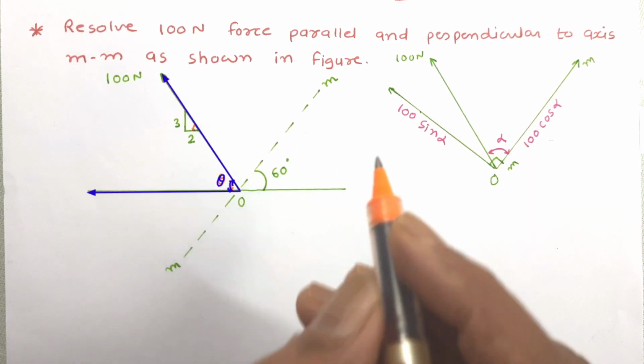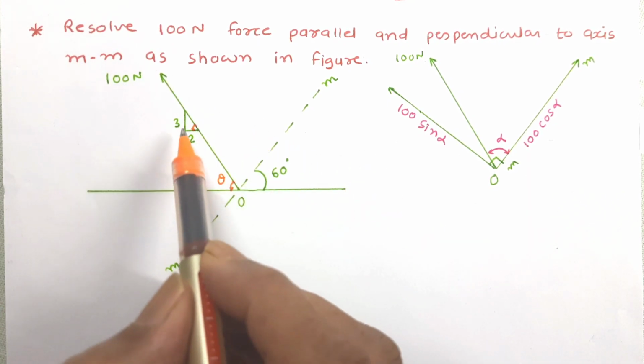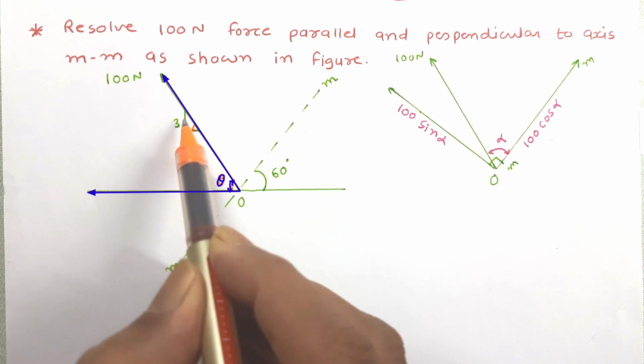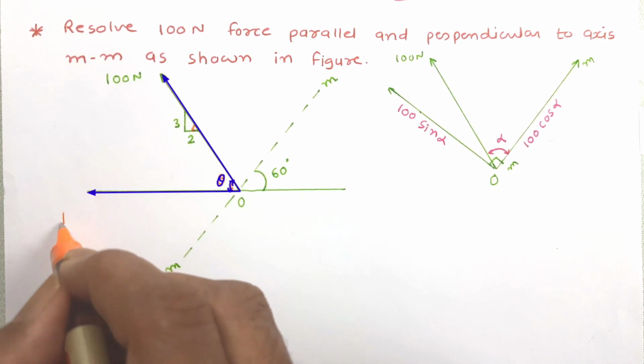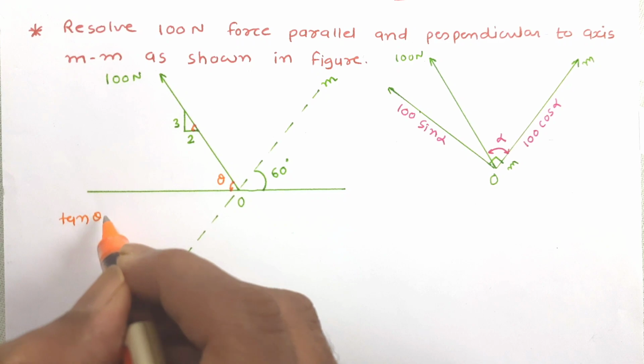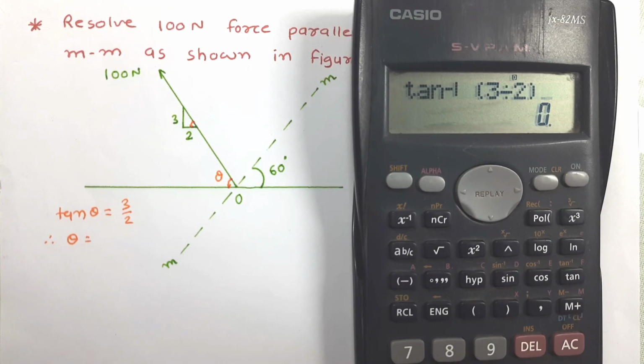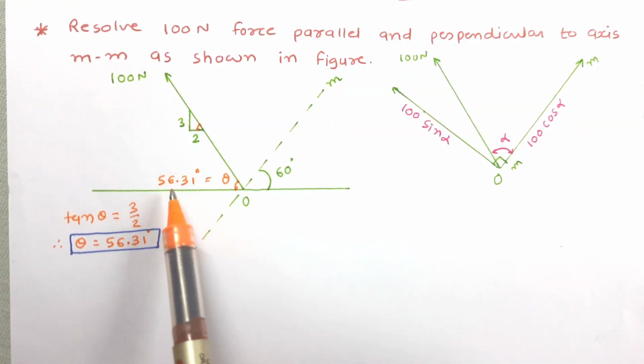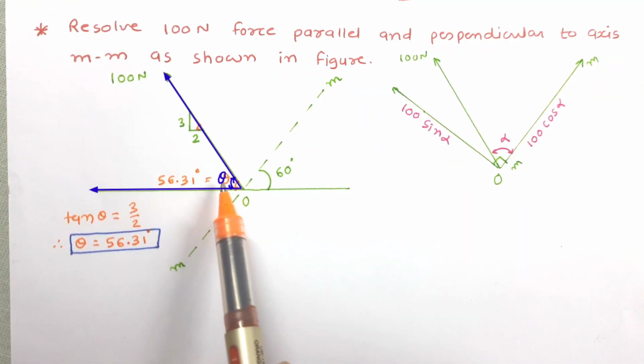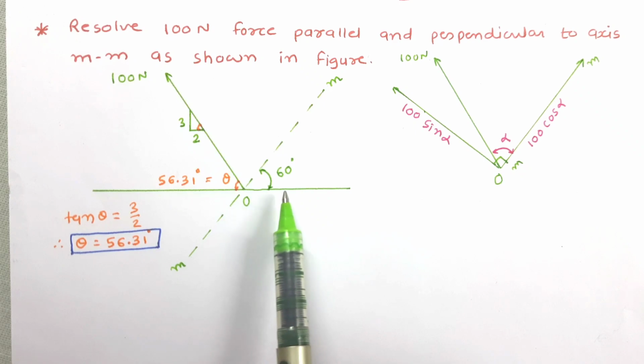Let us say this angle is theta. So in this triangle, we know the two sides of that. So here tan theta. Let us work out theta now. So this angle is 56.31. This angle 60 is given.